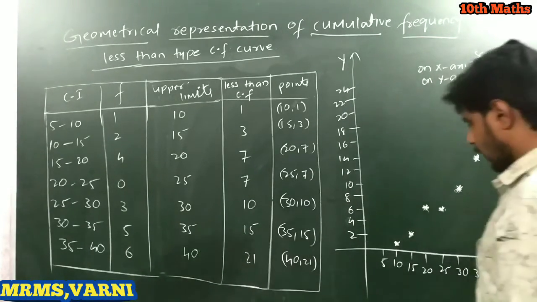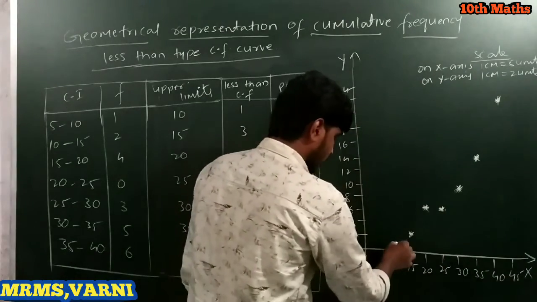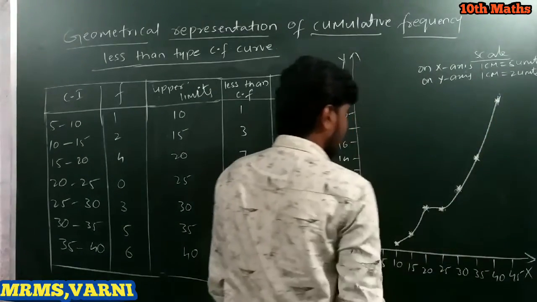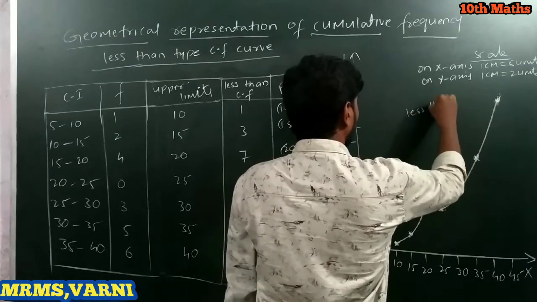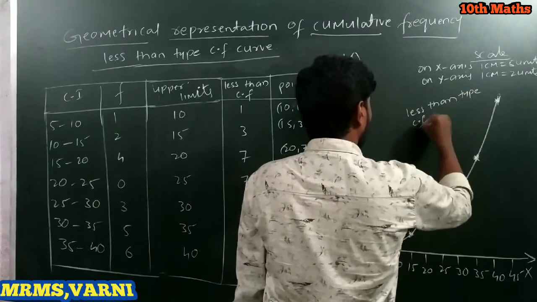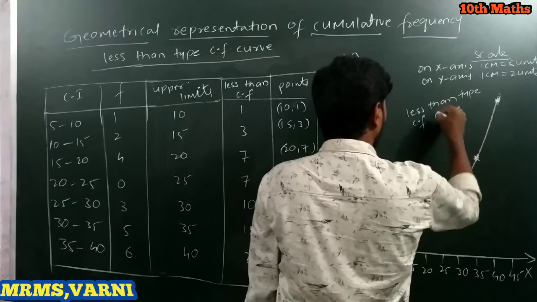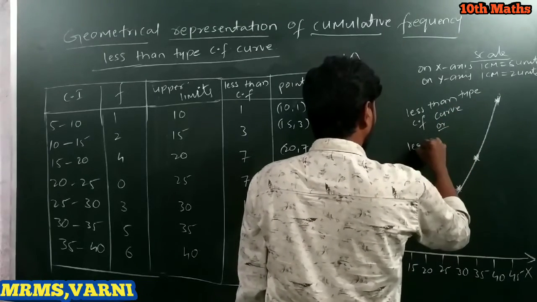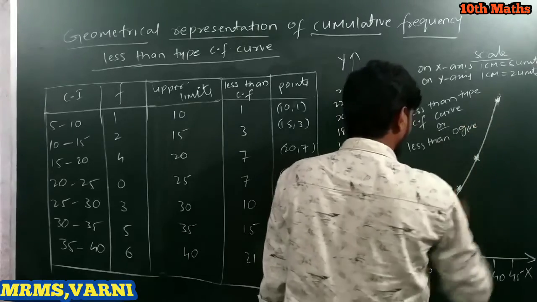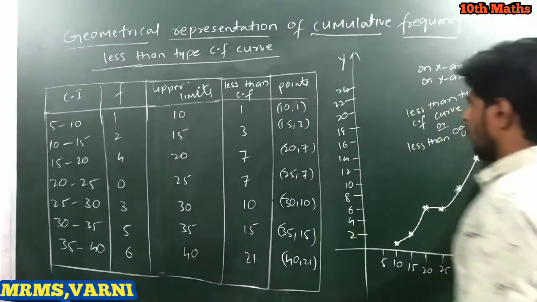Okay. Now we have to join these without using scale. This is the less than type cumulative frequency curve, or we can call this less than ogive. Now what is that?